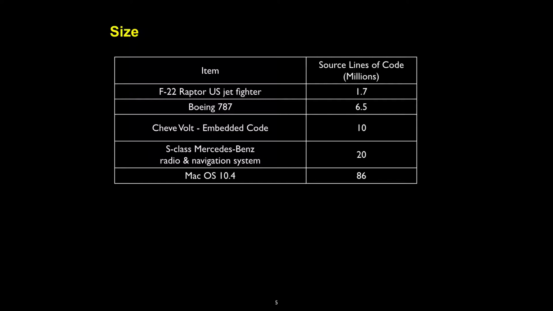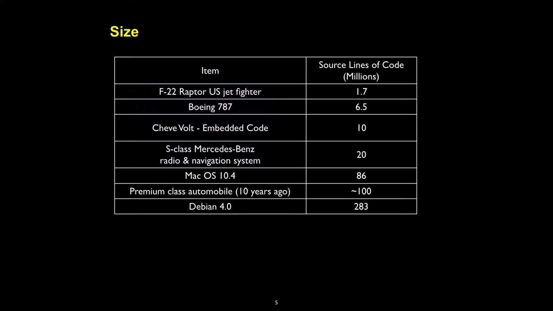The Mac OS has an older version, which we know about because they released it so people can actually look at it. Premium class, from an article 10 years ago, had 100 million lines of code in it. Debian 4.0 has almost 300 million lines of code.